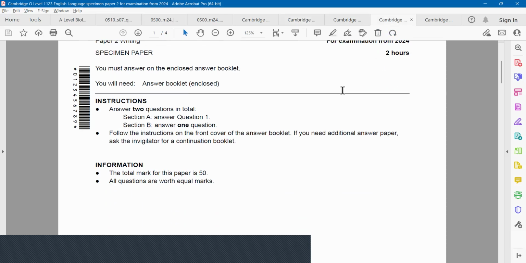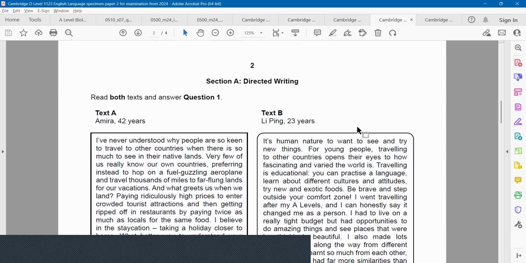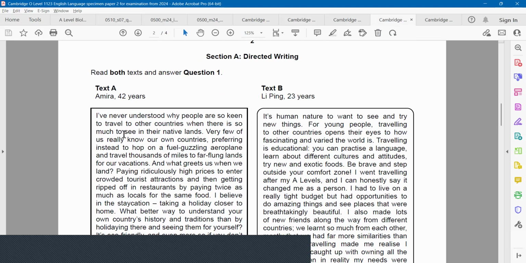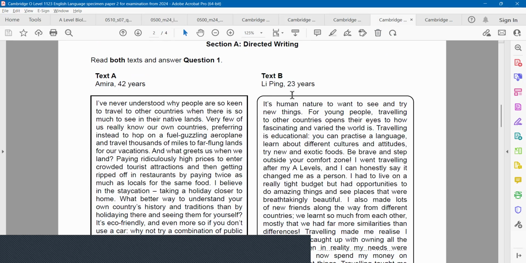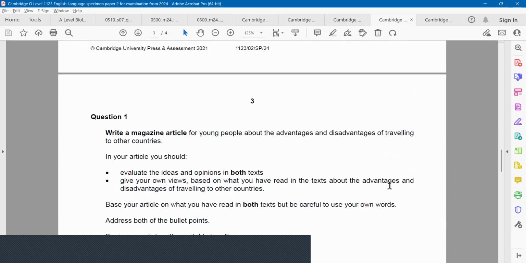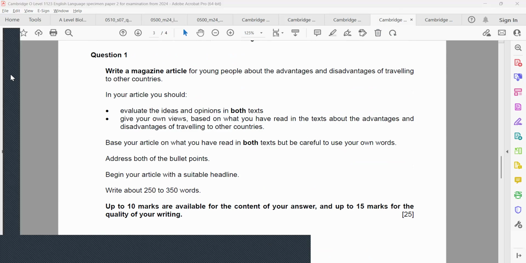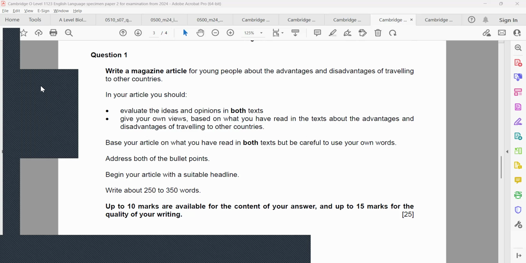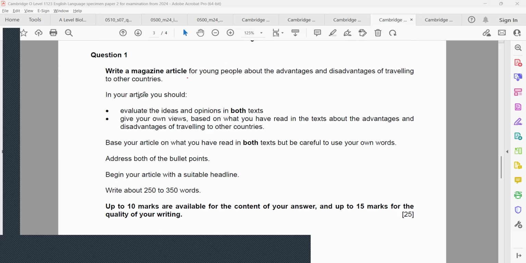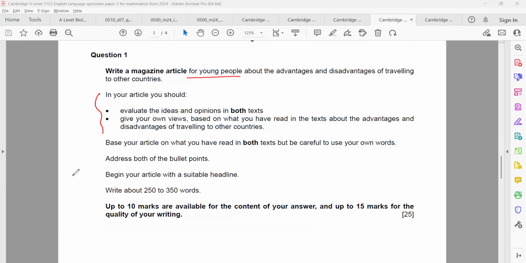Coming to the writing paper, the first question, section A, is directed writing. The reason it is called directed writing is that you're given the topic, and then you're told what to write about, how to write it, what to focus on, and how to approach it.